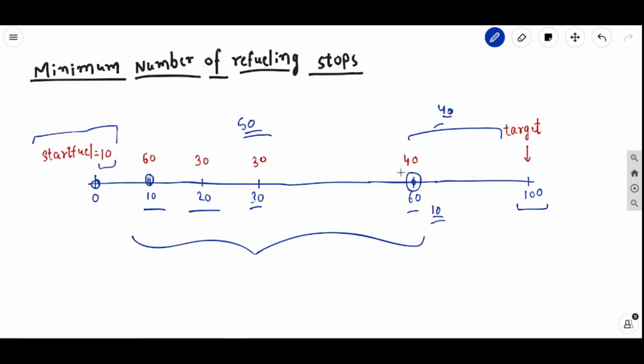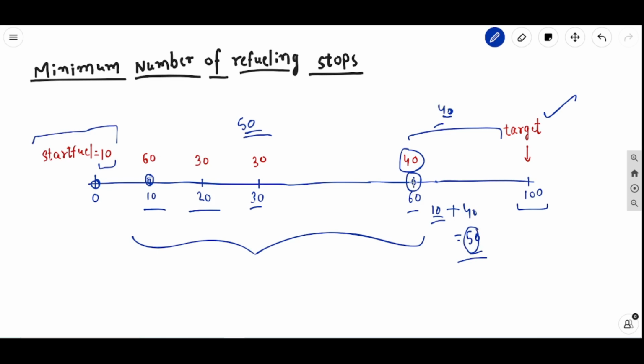And from this station we can fill 40 units of fuel. That means the total fuel that we would have while we depart from this station would be 10 plus 40, that is 50 units. And the number of miles that we have to travel is 40 units. That means we can always reach our target using the fuel that we have in our tank.